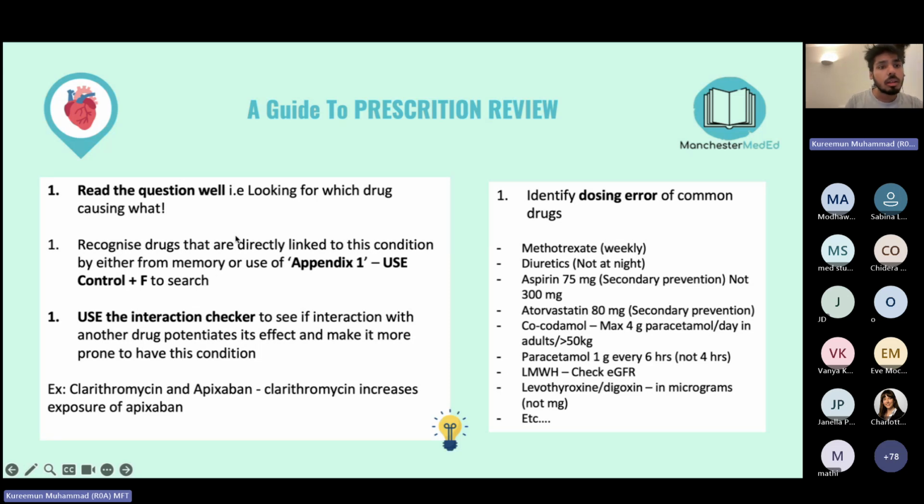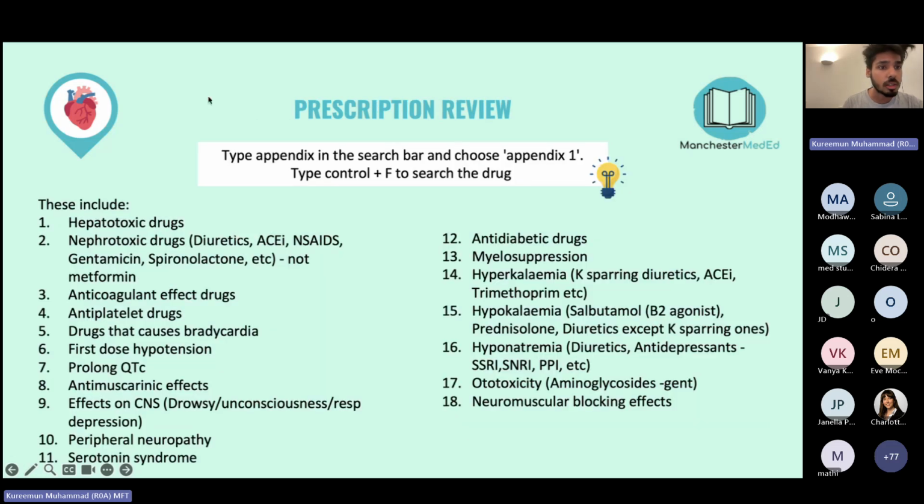And then for those who don't know, there's an appendix. Basically, on the BNF, you type Appendix 1. It comes up with a list of whole lots of medications with whole lots of conditions. So here it is. It comes with that list of conditions and drugs, under which you will find drugs that cause those effects.